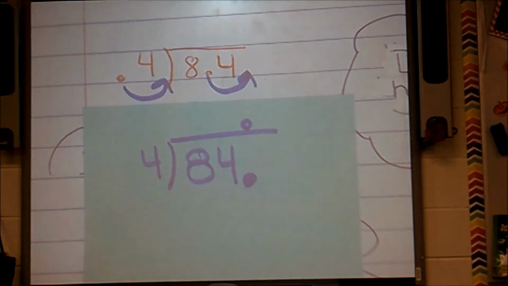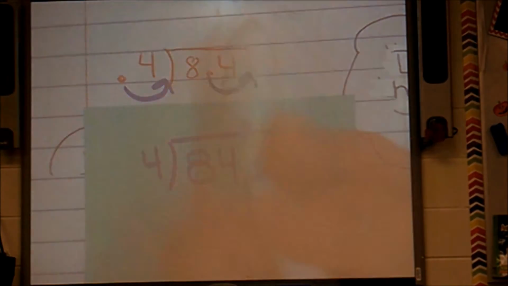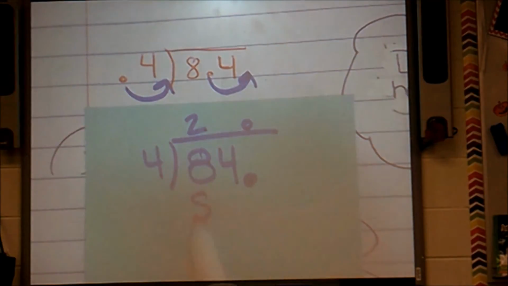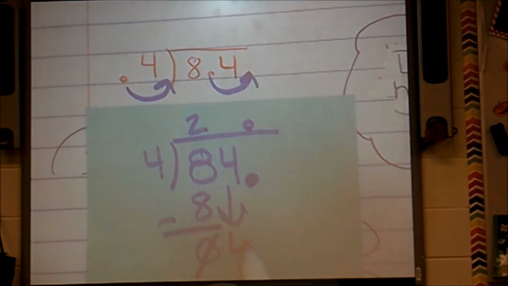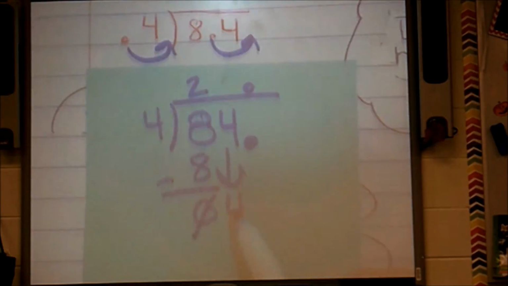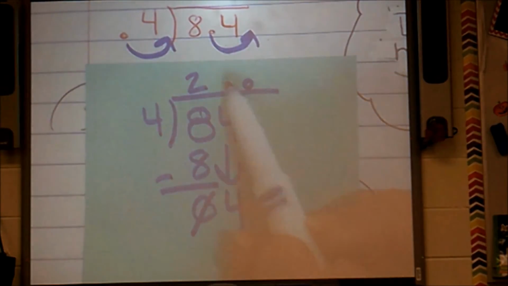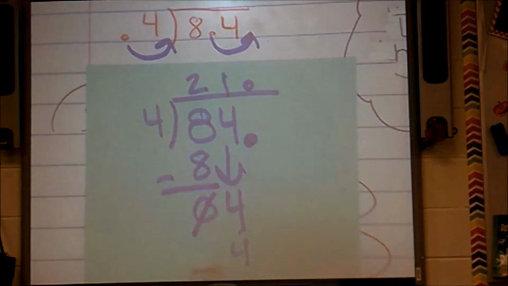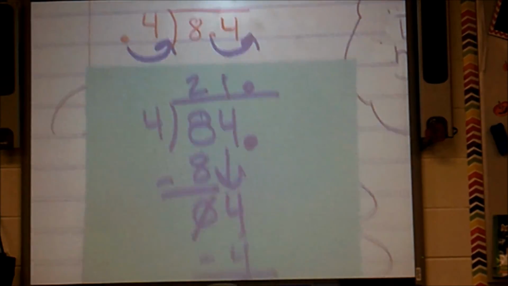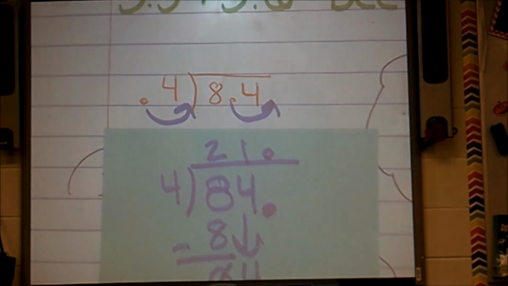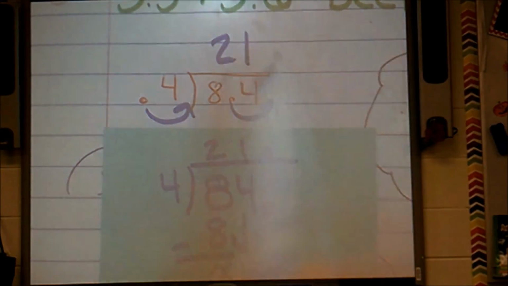Going through the standard algorithm, 8 divided by 4 is 2. 2 times 4 is 8, subtract, 0. Bring down my 4. 4 divided by 4 is 1. So my answer to this division problem is 21.